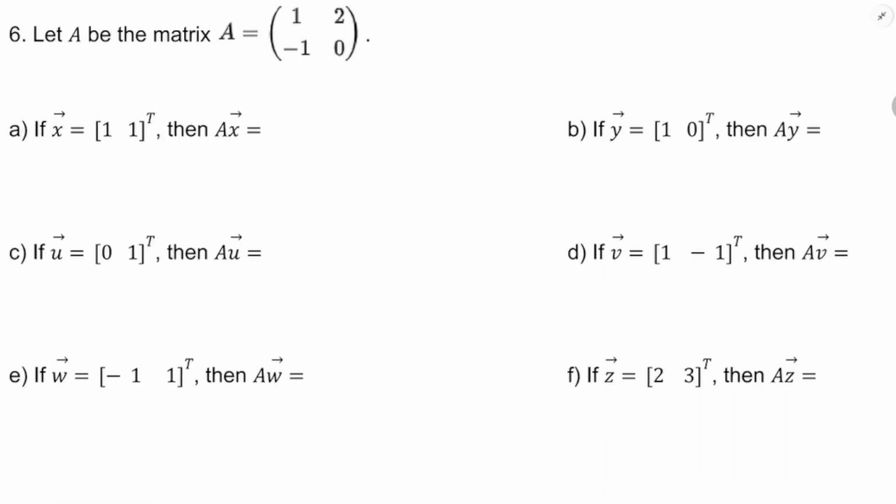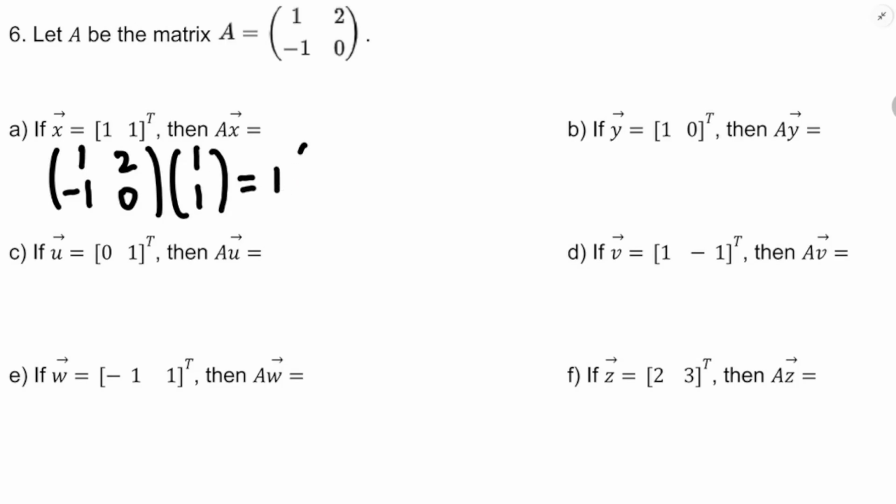All right, and then this last problem here is just another drill on the column perspective of matrix multiplication. If you've got it, maybe you don't need to do this one. But if you're having any doubts still, or trouble executing it, remember that if I'm taking A times X in this case, and I'm multiplying it by 1, 1, that's going to be 1 of the first column plus 1 of the second column.